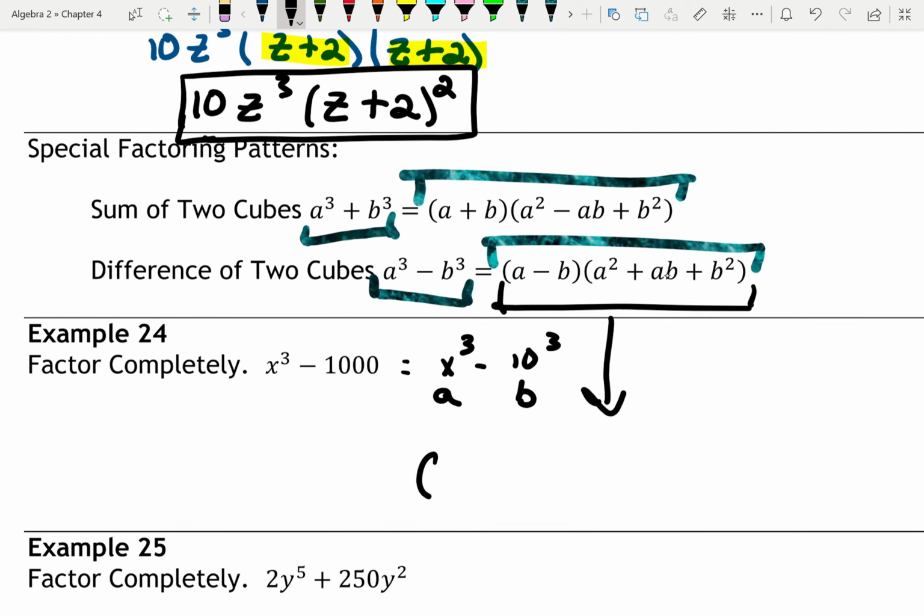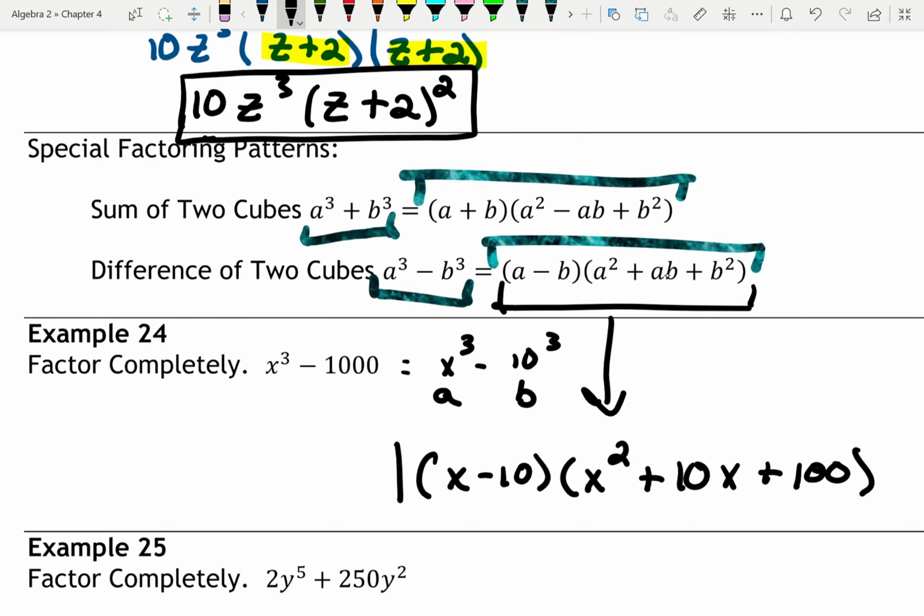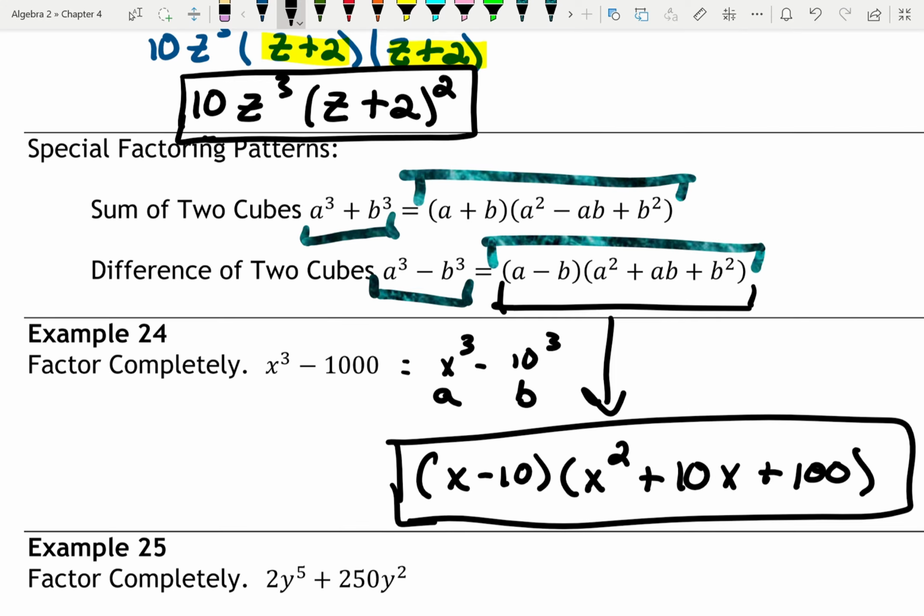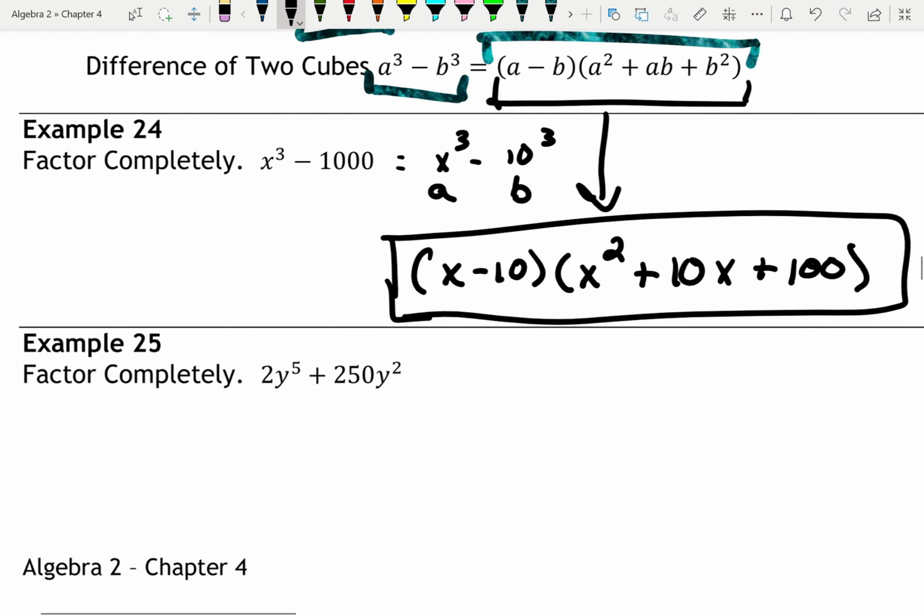And this is going to be x minus 10 and then x squared plus 10x plus 10 squared, which is 100. And that's going to be our answer to this. Okay, these aren't difficult problems. The difficult part is just memorizing that formula, or not memorizing necessarily, but knowing to apply it. All right, let's look at 25 here.